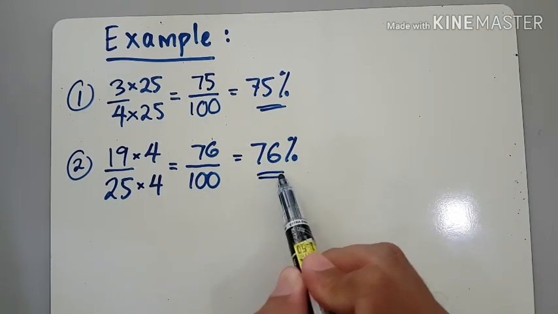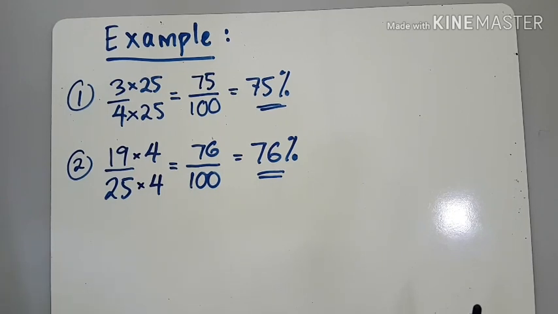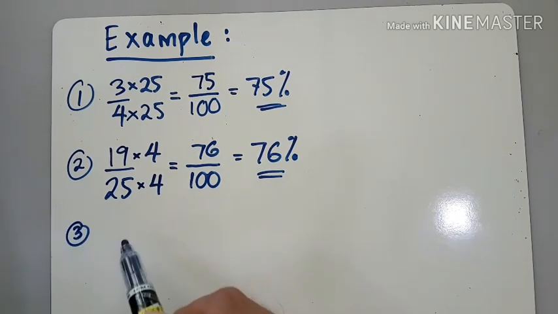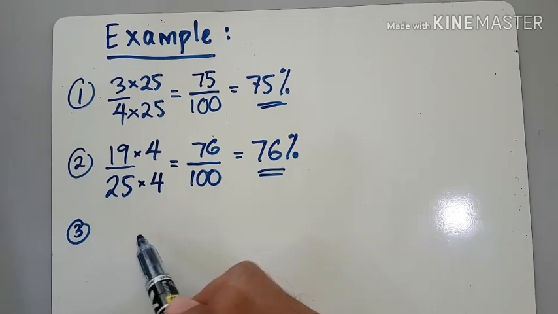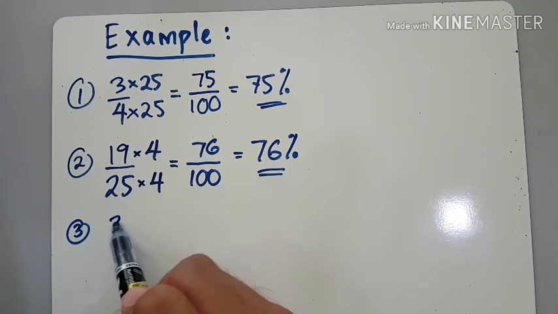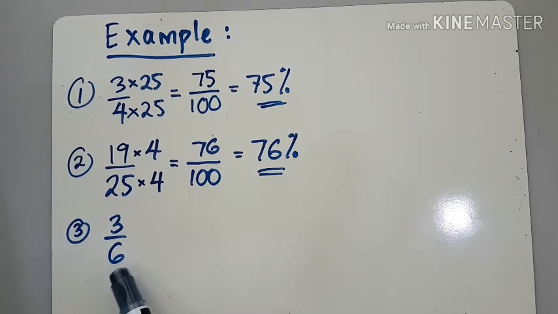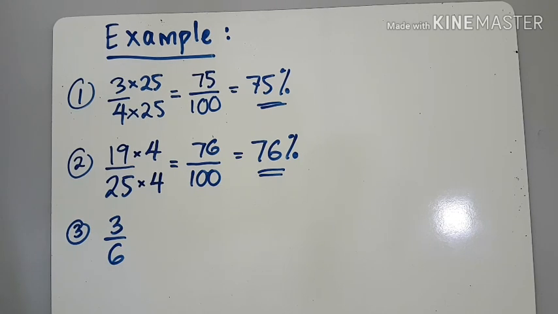Okay, so what about, let's say we have another one. Let's make it 3/6. Now maybe you come across this one. Okay, how do we convert 6 to 100? Because 6 is not a factor of 100, isn't it? So in this case, let's make this fraction much simpler.